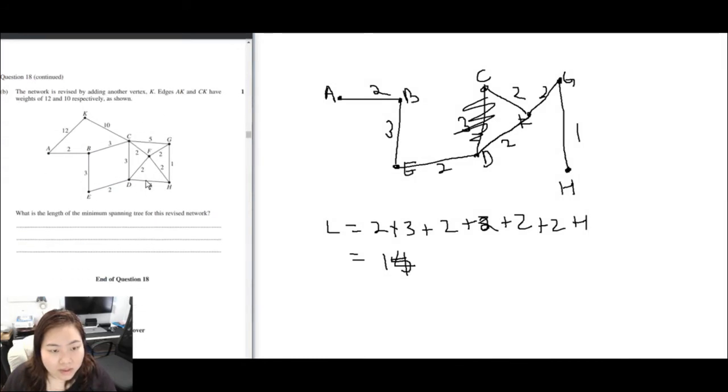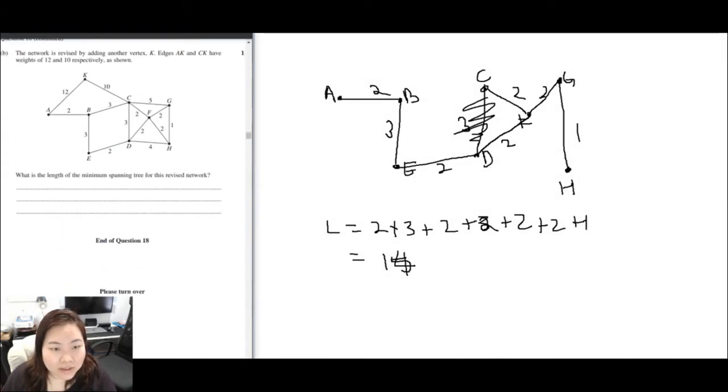Oh no, another one. The network is revised by adding another vertex K. Edges AK and CK have weights 12 and 10 respectively. What is the length of the minimum spanning tree for this revised network? 1 mark. Okay, it's 1 mark, so it can't be too bad, right?